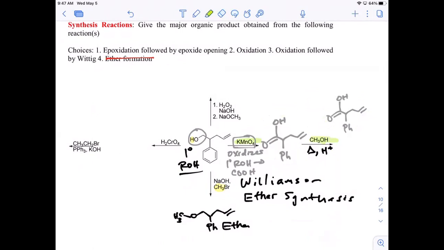Is that not going to get converted into an ester? That's a transesterification. Am I right? Yes, I see that now. It's the first reaction we did.